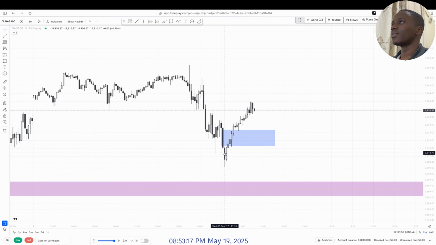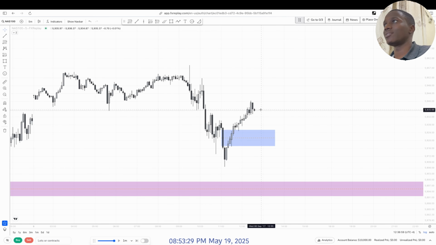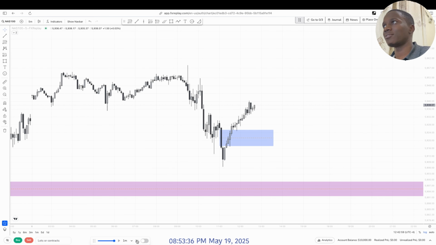I don't really know if that would work. So we pass off of the inverse fair value gap, we drop a bit into it. You can see we've already dropped into it, so I'm already late to this one, but we also have another one right here, and you can see we're already dropping into it a bit, which means I'd have a good buy here.